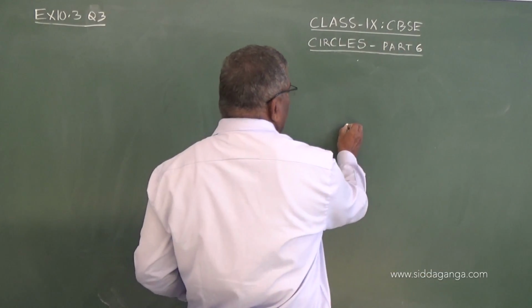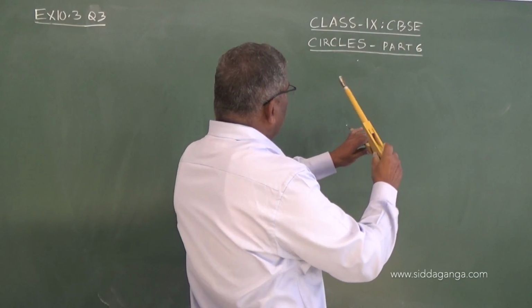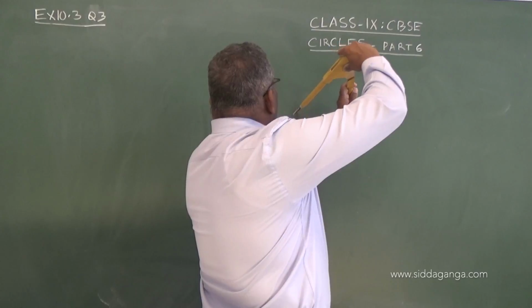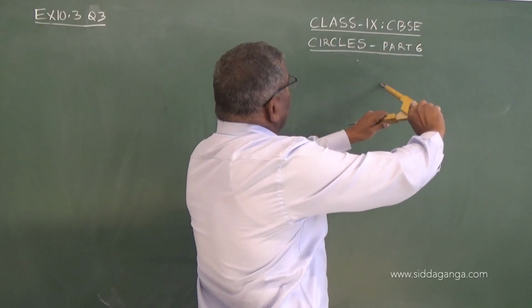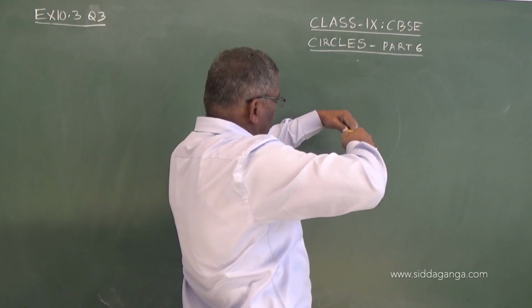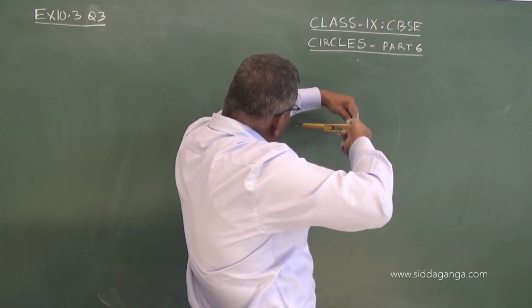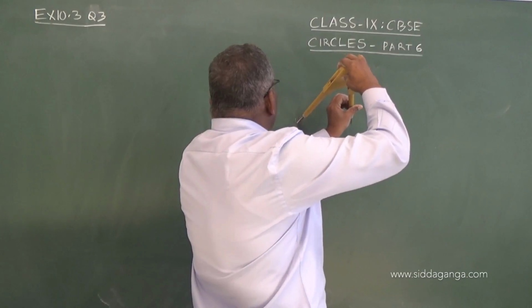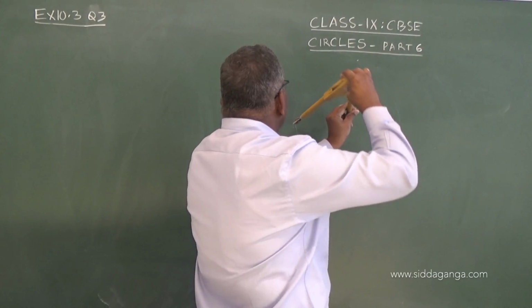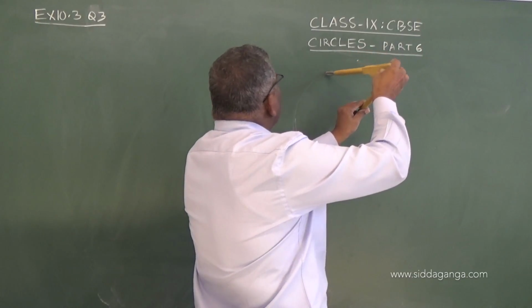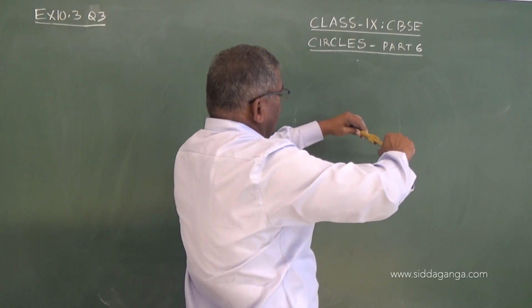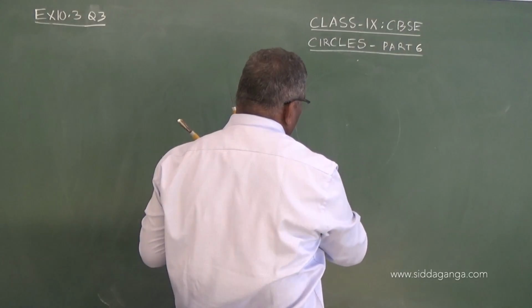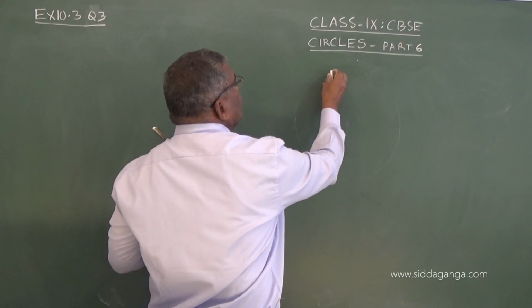Suppose we have one circle with this radius, it is changing, difficult for me, so it may not be visible for you. I will draw it freehand.